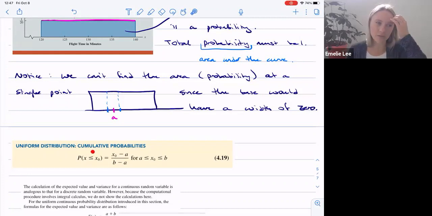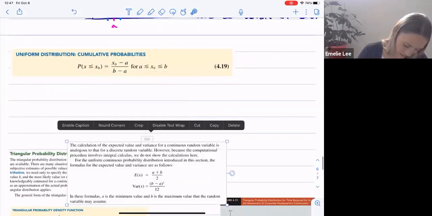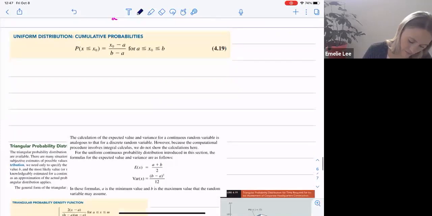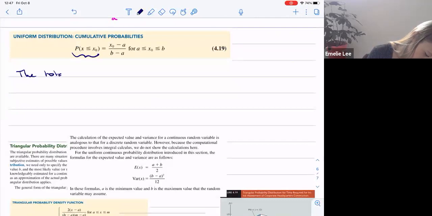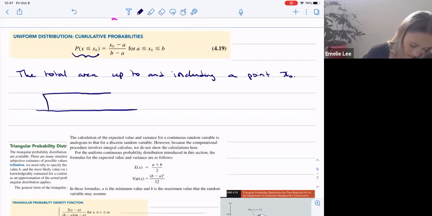For a uniform distribution, the formula looks like this, and that's just going to be the total area up to and including a point x naught.